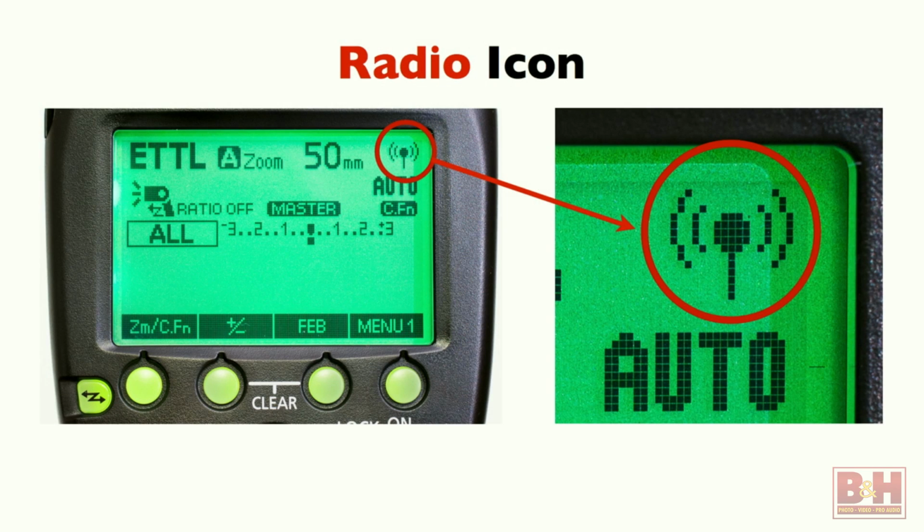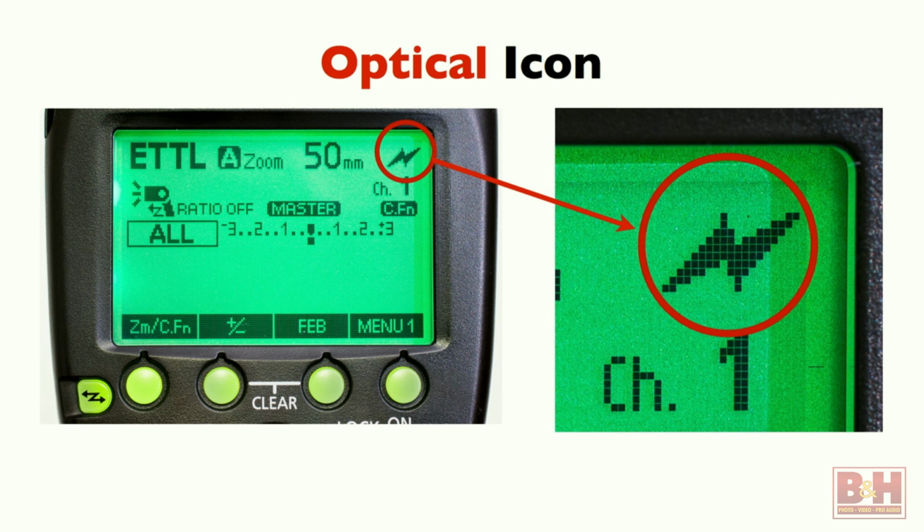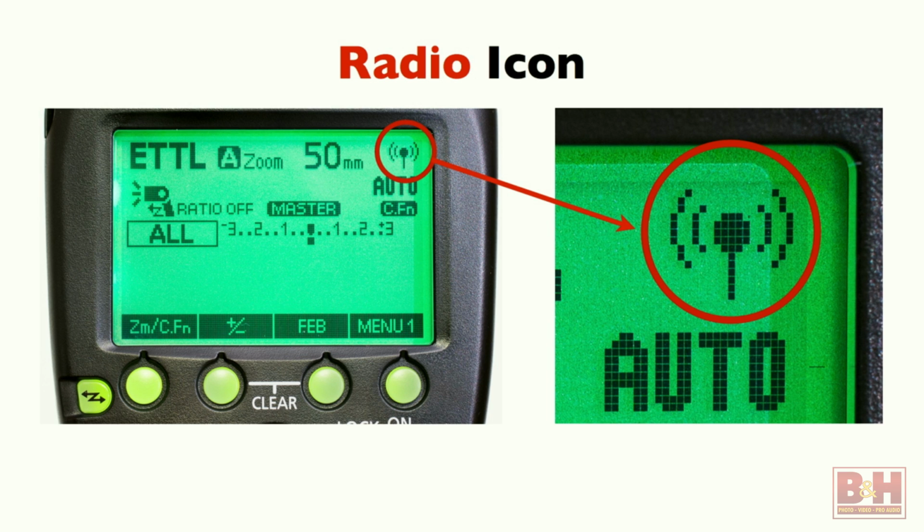Let me point this out real quick. This is what I call the electronic lollipop. That's not Canon's term, that's my term. That's Syl's term. But this is the icon for radio, all right? And that's the icon, and has been the icon forever, for optical wireless. So notice that in both cases, those icons are in the upper right-hand corner of the LCD.